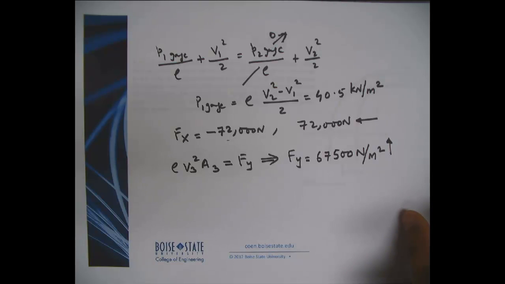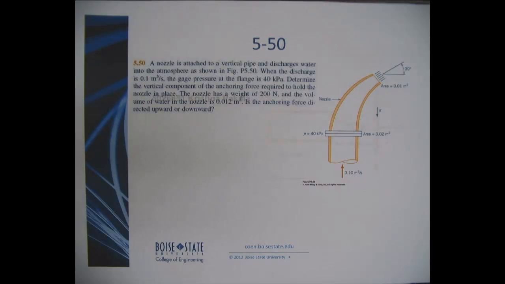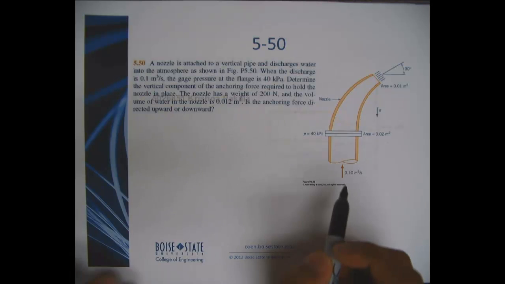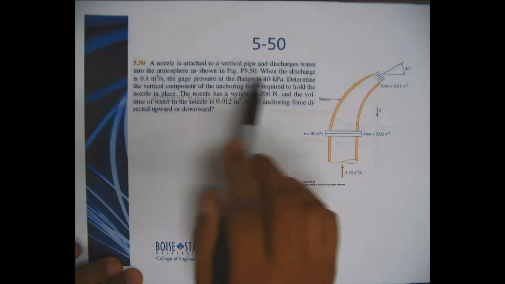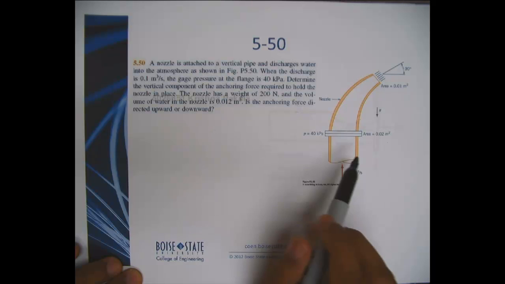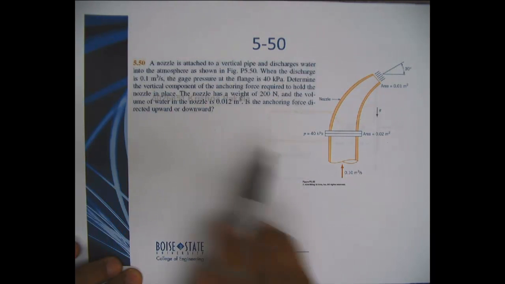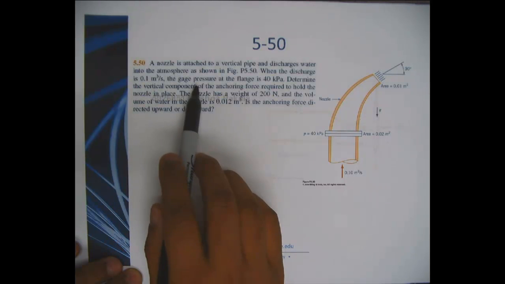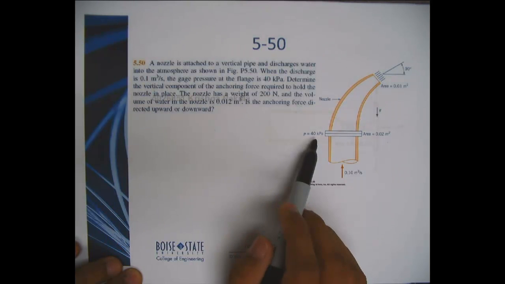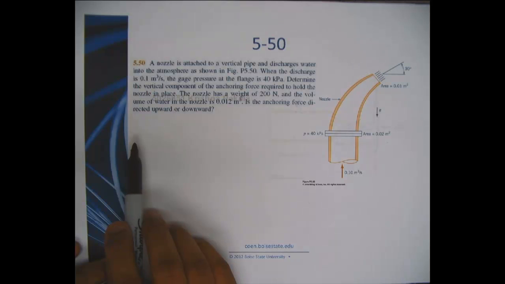Okay, now let's look at another problem. A nozzle is attached to a vertical pipe here and discharges water into the atmosphere as shown in this figure. When the discharge rate is 0.1 meter cubed per second, the gauge pressure at the flange here is 40 kilopascals.